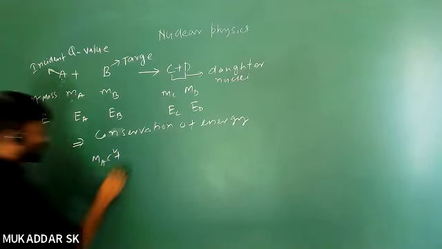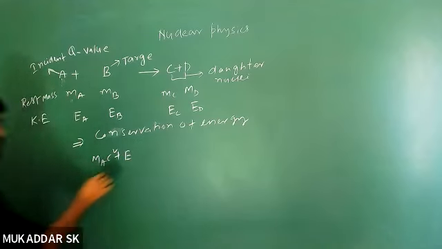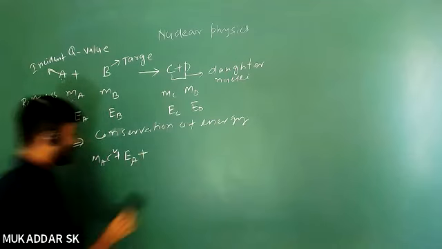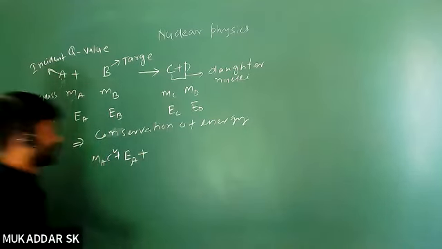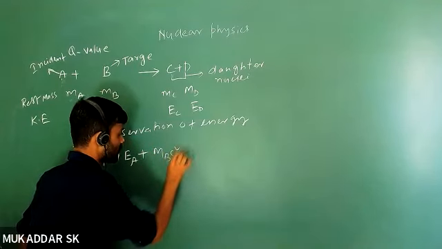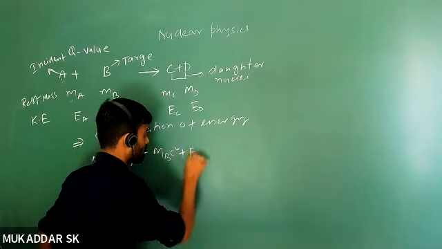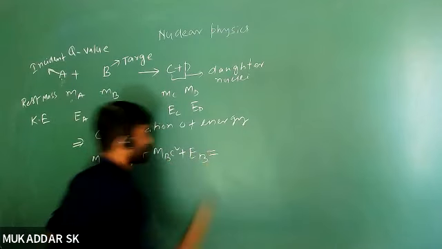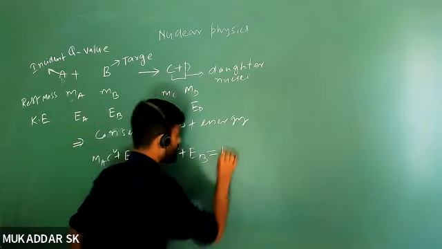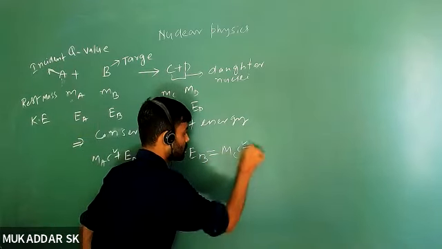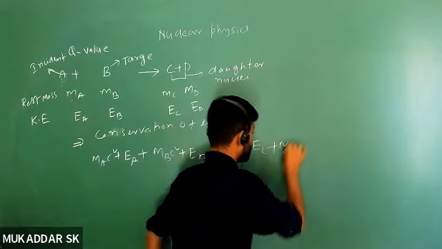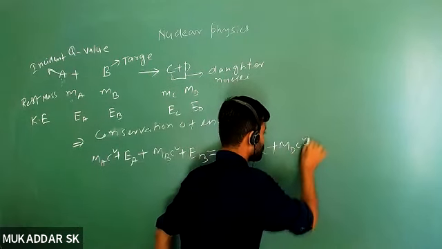Kinetic energy is Ea. So this is the total energy of incident particle A. Then total energy of target will be simply Mb c square plus kinetic energy Eb, and that should be equal to the total energy of daughter nuclei. So obviously it will be Mc c square plus Ec, then you will have Md c square plus Ed.